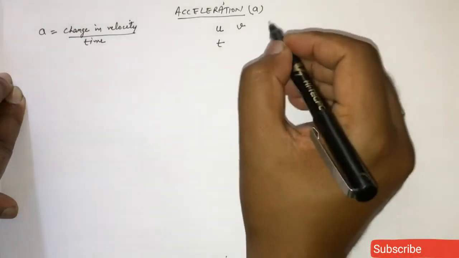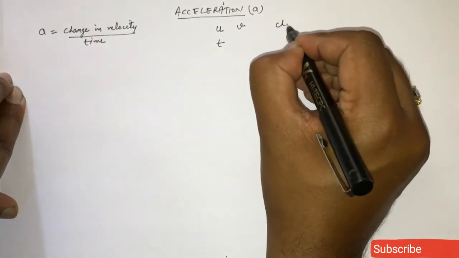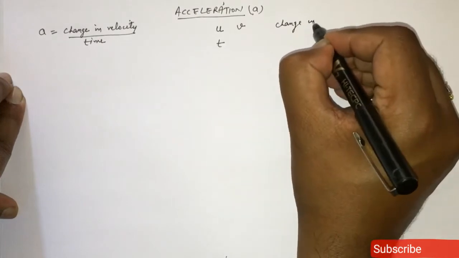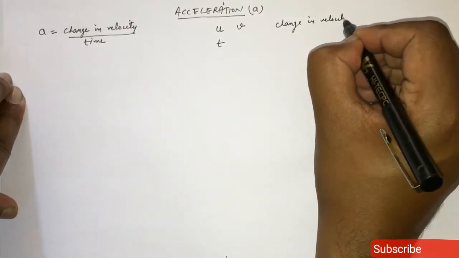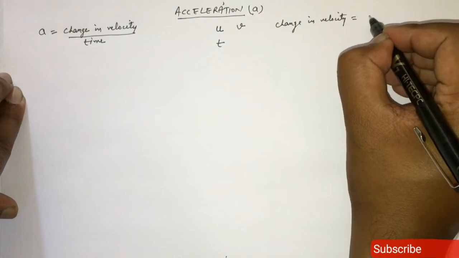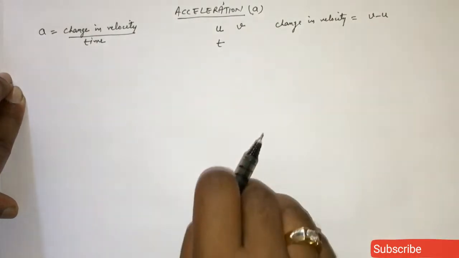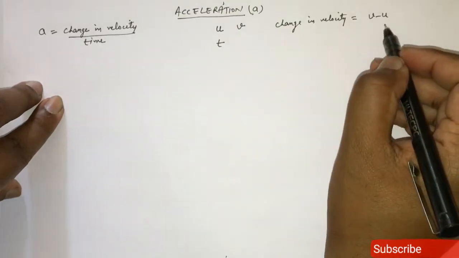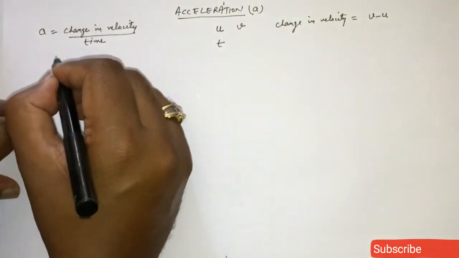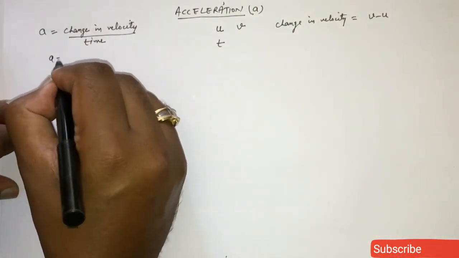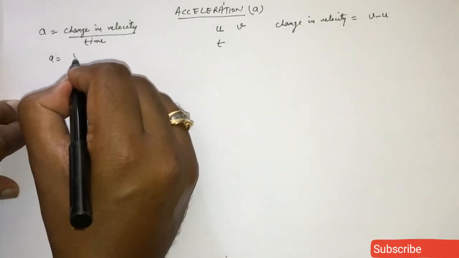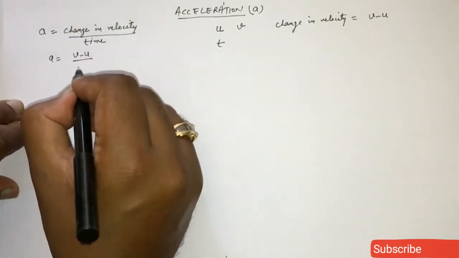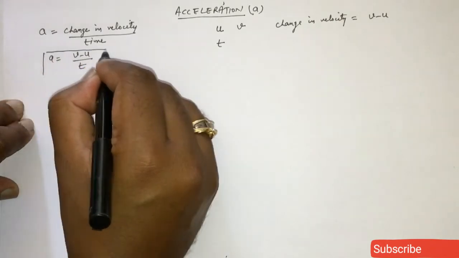Clear? Now change in velocity becomes v minus u. So the change in velocity is v minus u. Fine. According to the formula, A is equals to change in velocity, means v minus u upon time t.